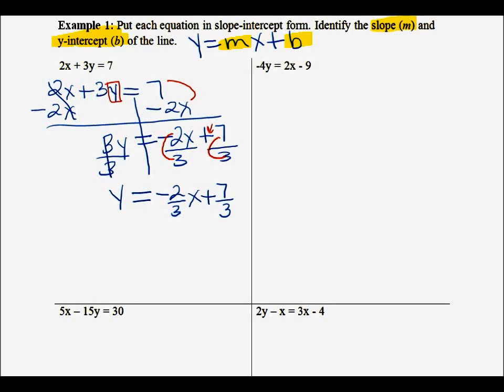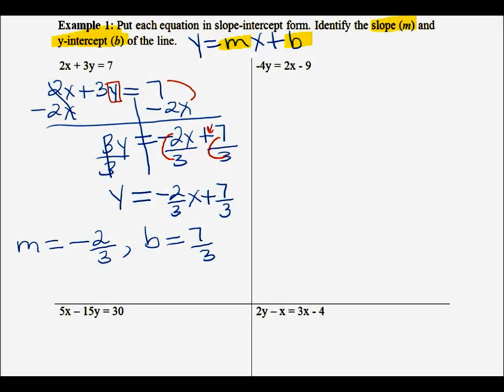Now I simply identify the slope and the y-intercept. The slope is the number in front of the x, so that means that slope, which we're letting the letter m denote, is a negative 2 thirds. And my y-intercept is 7 thirds. That's fairly simple.